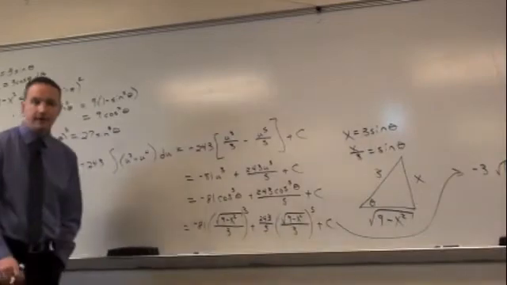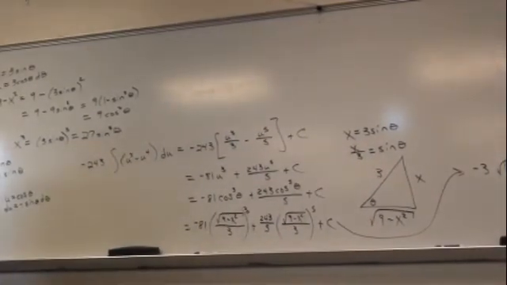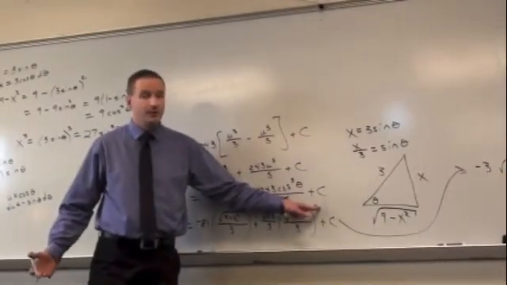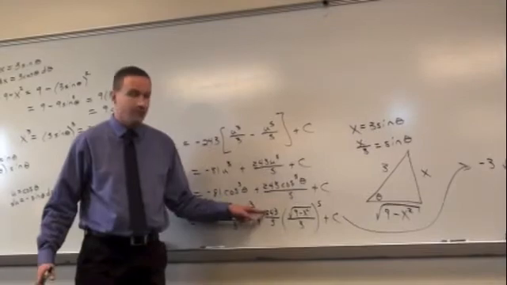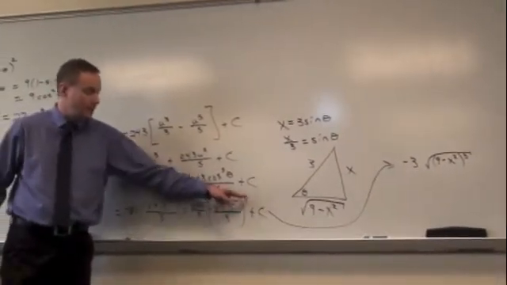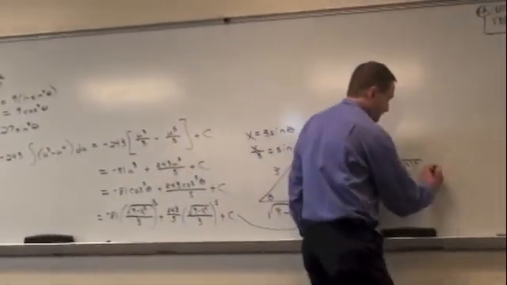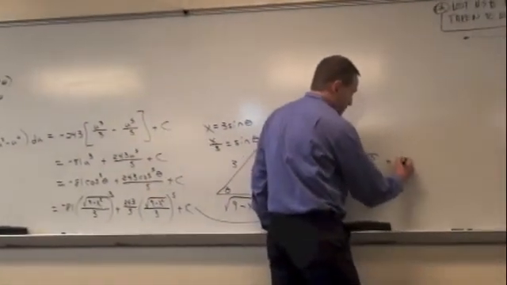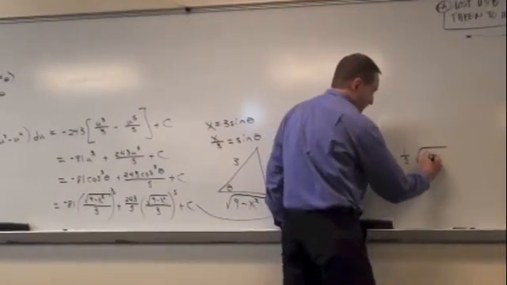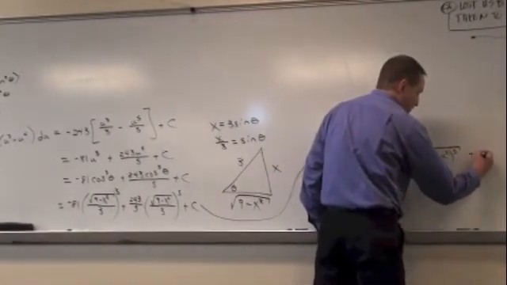Looks a little better like that. And then for my next term, I know that 3 to the 5th power is 243. So this 3 to the 5th is going to cancel with that 243, and it's going to leave me this square root to the 5th power divided by 5. And I'll just write it as 1/5 on the square root of 9 minus x squared to the 5th.